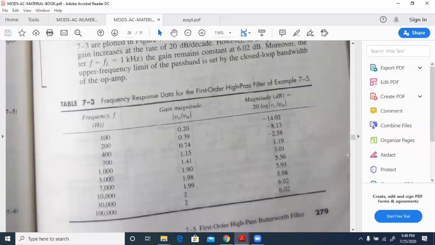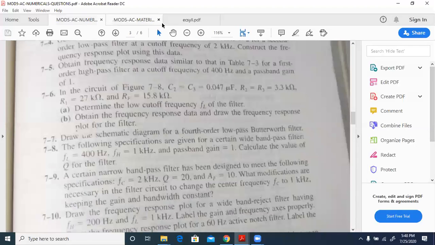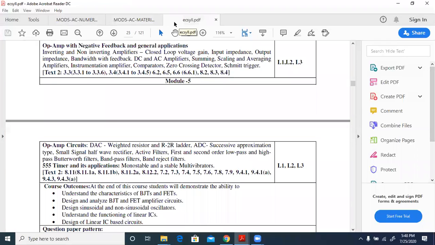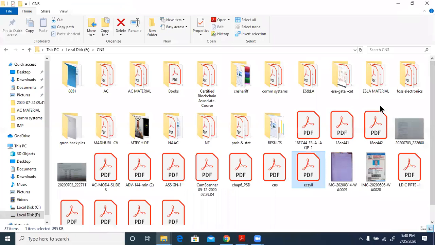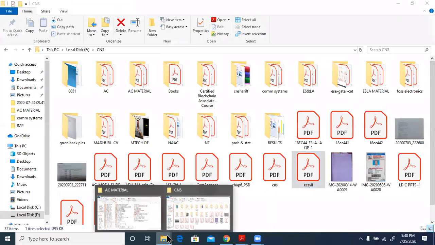However, because the cutoff frequency is 400, the value at 400 will naturally be 0.707 of the maximum value, that is, 1 over 1.414 of that value.